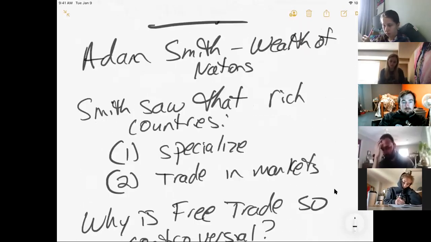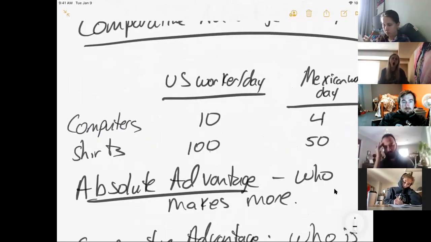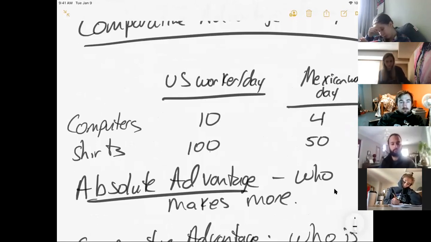So let's go back to the example we talked about a little bit ago with the US and Mexican worker. What happens if the US and Mexico move to a free trade zone? Well, as we talked about, the US is going to make computers and Mexico is going to make shirts. In this example, which is not particularly realistic, I have a US worker who can make a shirt or make a computer.